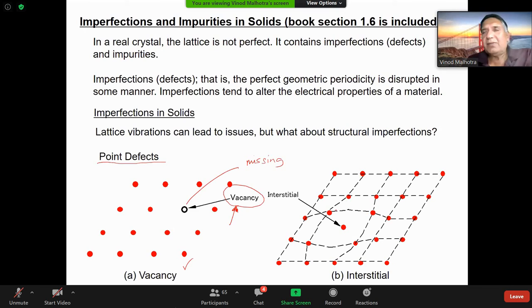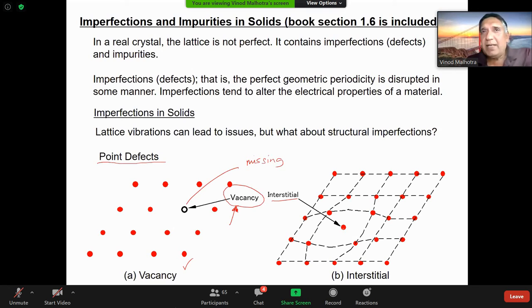If you think of it from a bonding point of view, the bond lengths and the strength of the bonds in this area are not quite the same as you would have in a perfect crystal. So something like this is called an interstitial. Interstitial implies that it's outside of these lattice points.